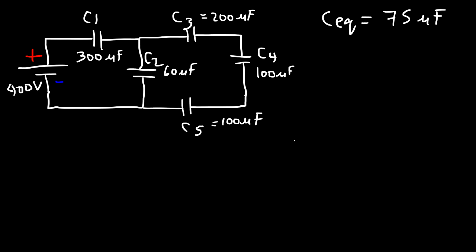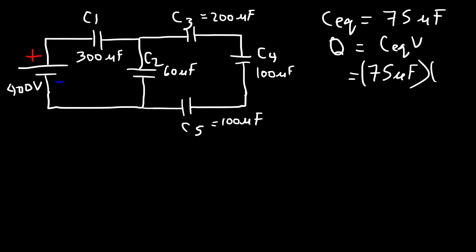So now let's calculate the charge. Q is equal to CV. So that's going to be 75 microfarads multiplied by the voltage of the battery, which is 400 volts. 75 times 400 is 30,000 microcoulombs.